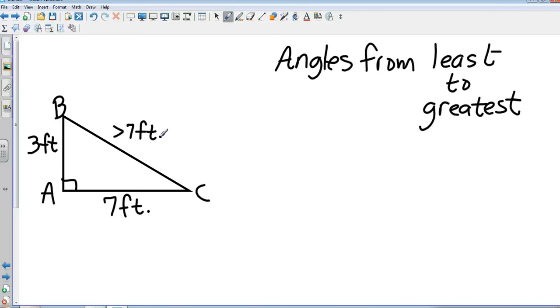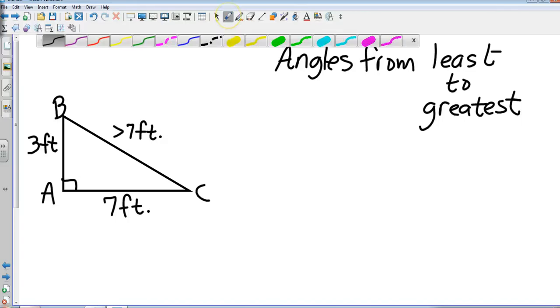So I go from biggest side, and I'm going to do this color-coded. This is my biggest side. So I'm going to draw a diagonal to the opposite angle. That means angle A has to be the biggest angle. So going from least to greatest, angle A will be in the third position because it's the greatest one.